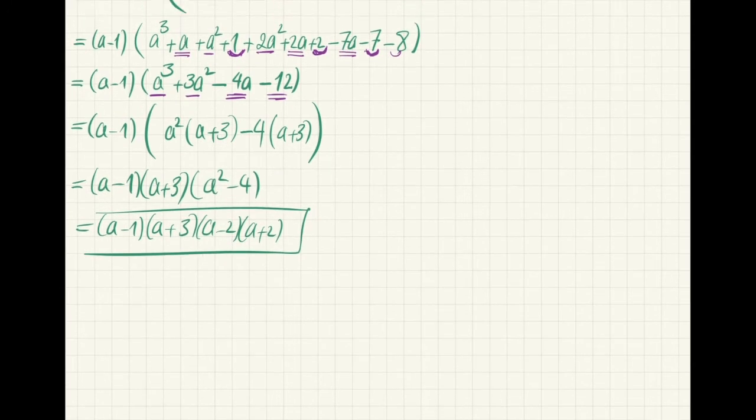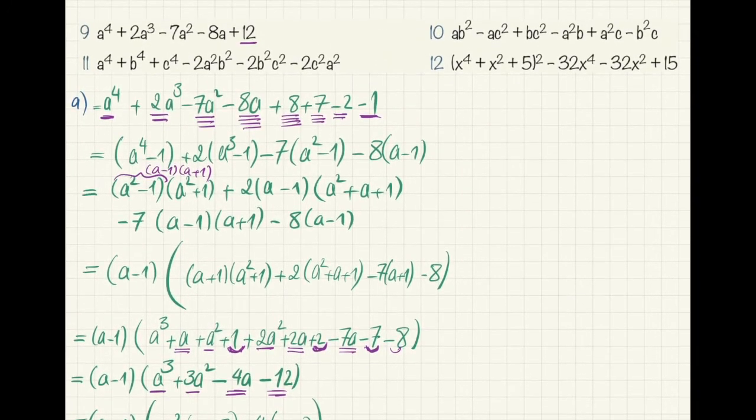Hopefully I can fit everything here. So number 10, let us see what we can do. In number 10, I want to take this one with that one. I want to pull AB out, so the factor that will emerge is A minus B somehow.